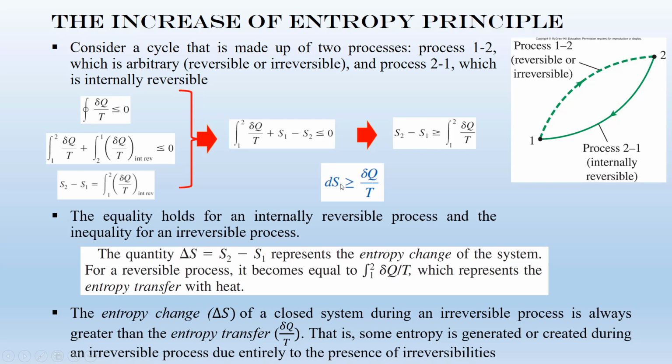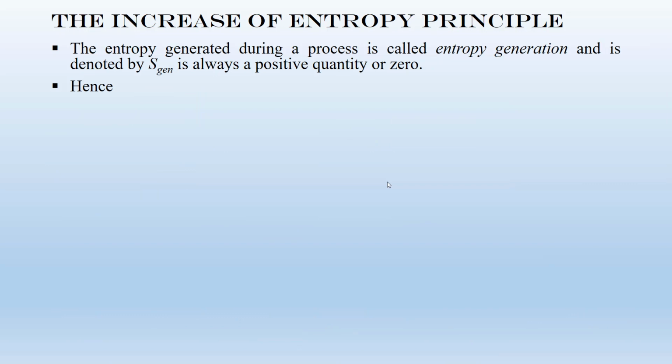How? If we just add a term for the S generation. Based on this, dS is always higher than delta Q over T, meaning that we always have entropy generation in the system, correct? So if we add the entropy generation into this equation, we can convert it to an equality.